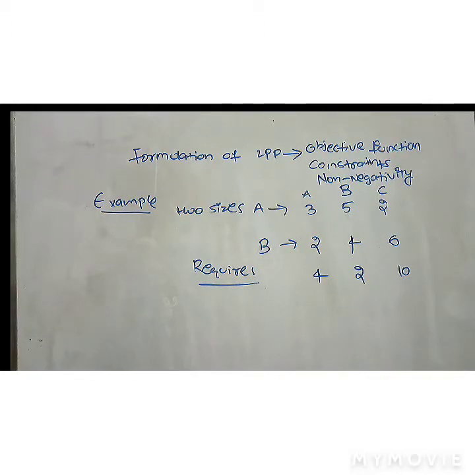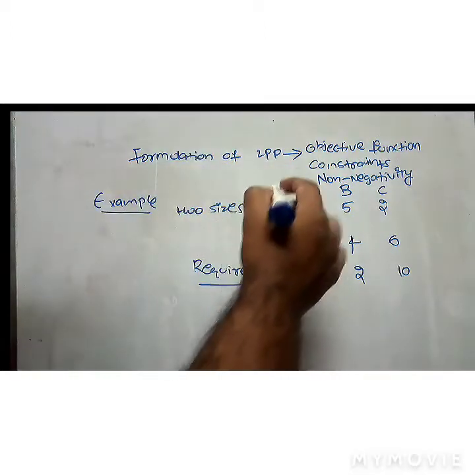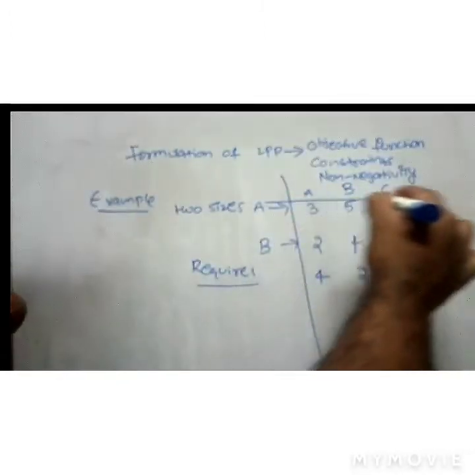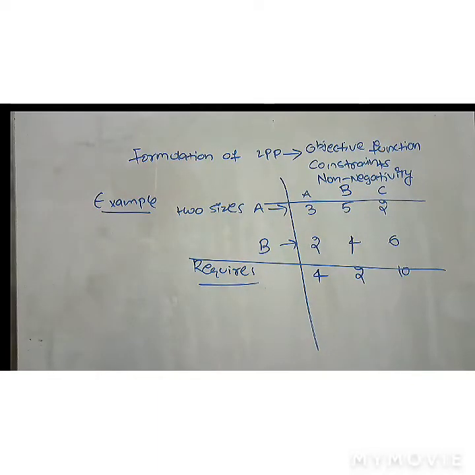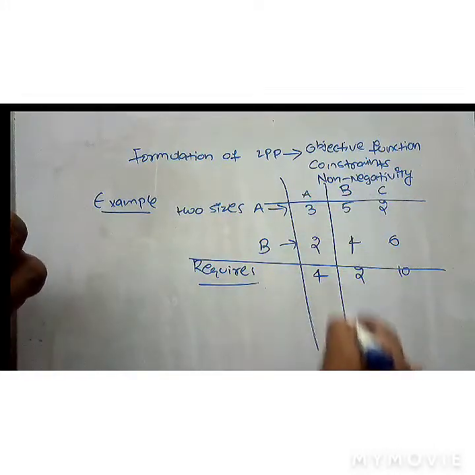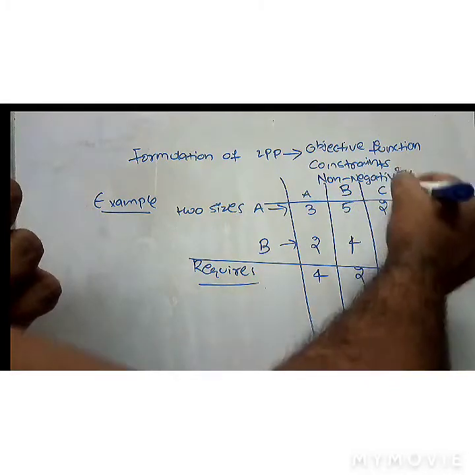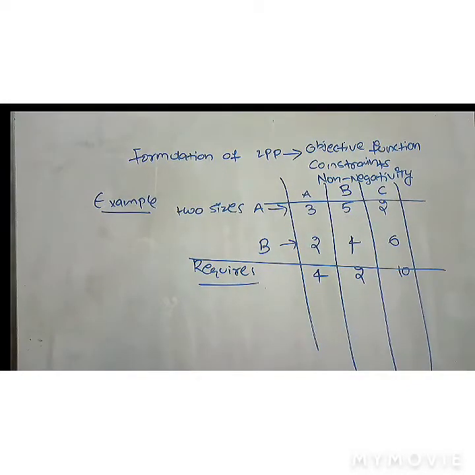Then the user requirement is at least 4 grains of aspirin, 2 grains of bicarbonate, 10 grains of codeine. So this theory I changed into the table. In this table, there are 3 different constraints: this is one constraint, this is the second constraint and this is the third constraint.